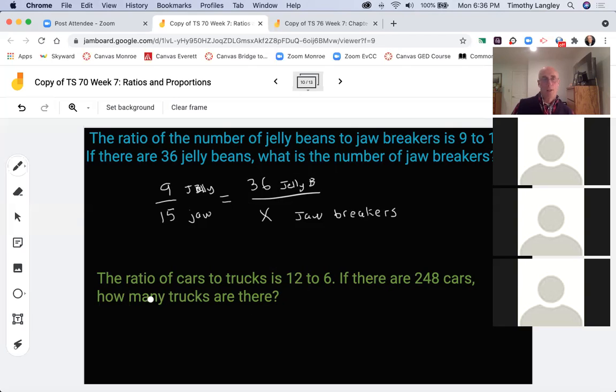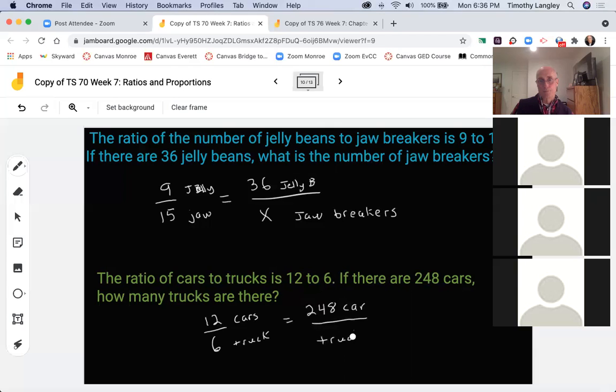All right. Another example: the ratio of cars to trucks is 12 to 6. I'm going to write this down here: cars at the top, trucks at the bottom, equals, if there are 248 cars. So I'm going to keep these on the same side. They want to know how many trucks there are going to be.